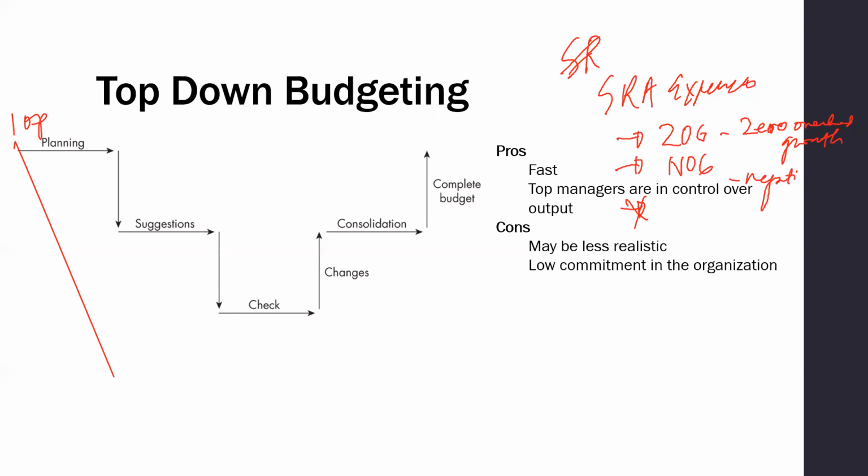Negative overhead growth. Kasi yung SRA expense, selling, research, and admin expenses, this is the overhead of the Philippine office. Okay? So pag budgeting season na, magsasabit ang Philippine office ng overhead cost to Singapore. Okay? Which is the regional headquarters.